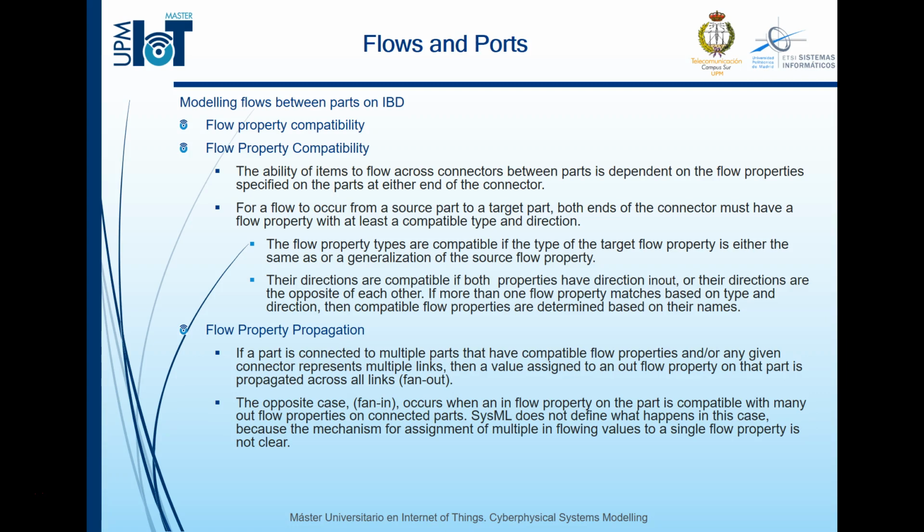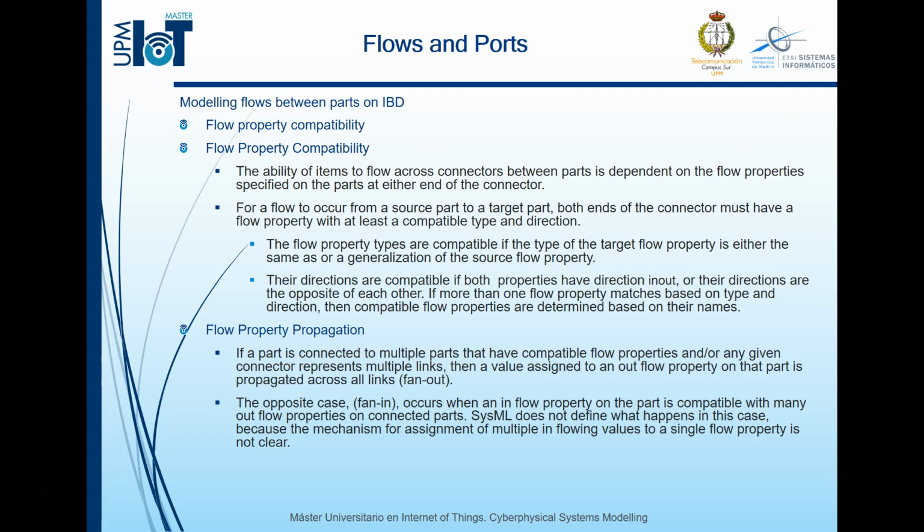For a flow that occurs from a source to a target, the flow property should be compatible in terms of hierarchy. That means maybe the type should not be the same, but should be compatible at the hierarchy level. And of course in direction.